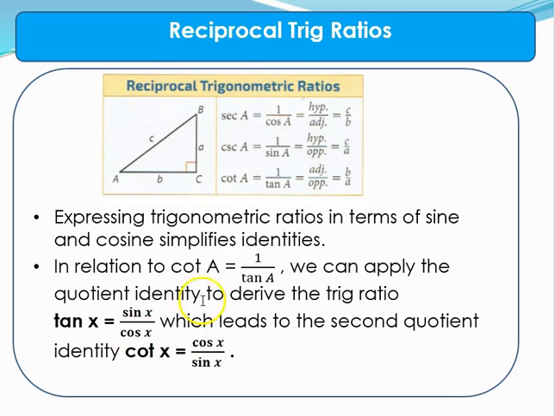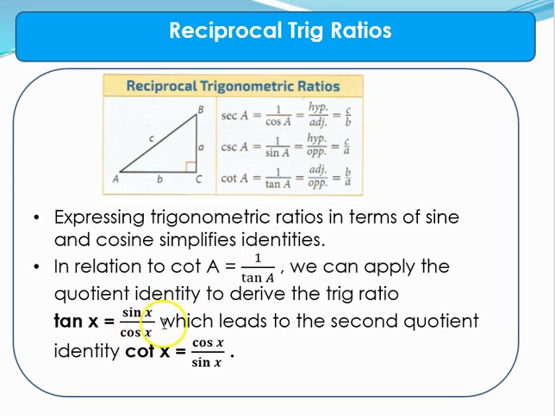So all they're saying here is when you have an inverse ratio, you can actually express it as a similar ratio that is not a reciprocal. So from our book, we've already learned that tan x equals sine x over cosine x.